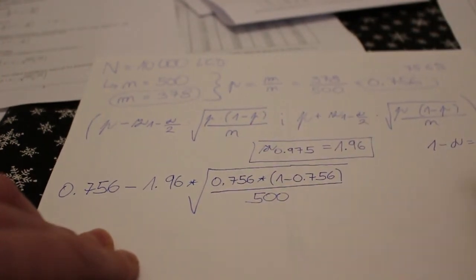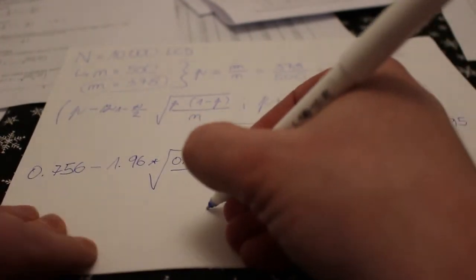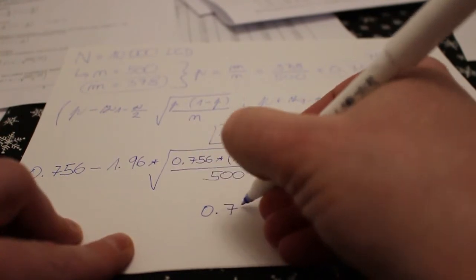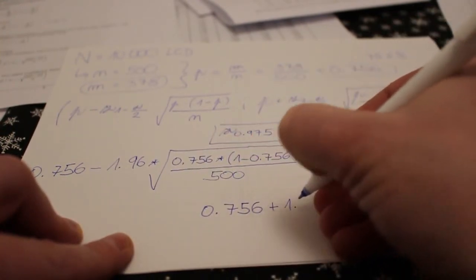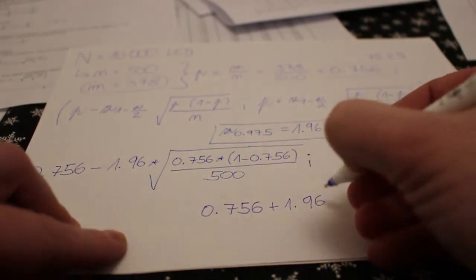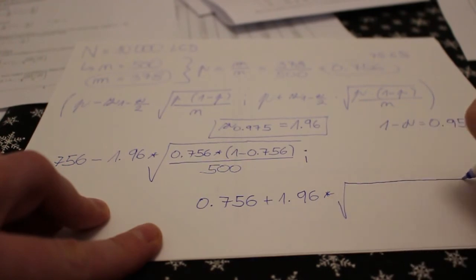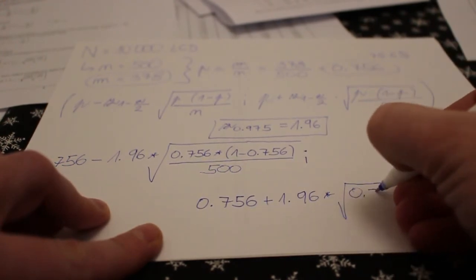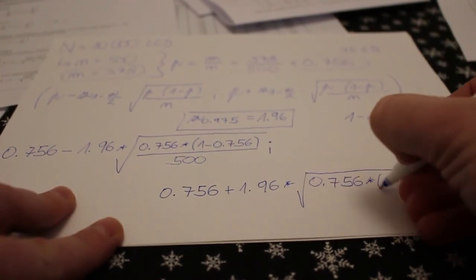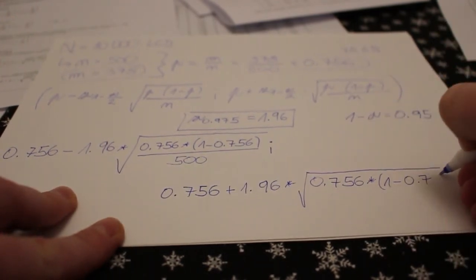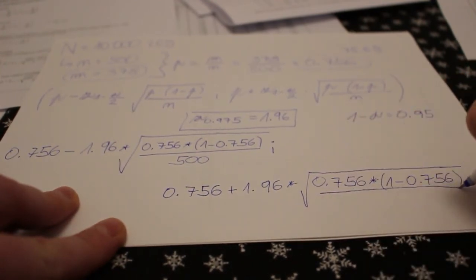So this is the left side, and right side 0.756 plus 1.96 times square root, and there is 0.756 times 1 minus 0.756 divided by 500.